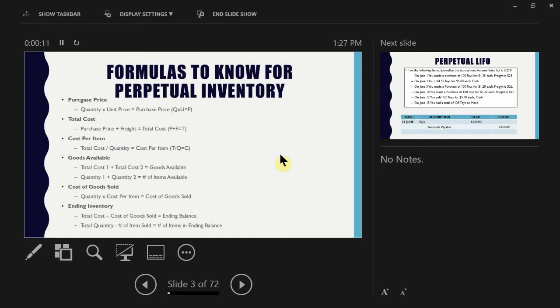We've seen this before, right? It's the last batches that are usually the first ones to leave, or the ones that you sell out first. And here are the same exact formulas that you will be encountering, except what's a little different is how you calculate your cost of goods sold, as well as your goods available.